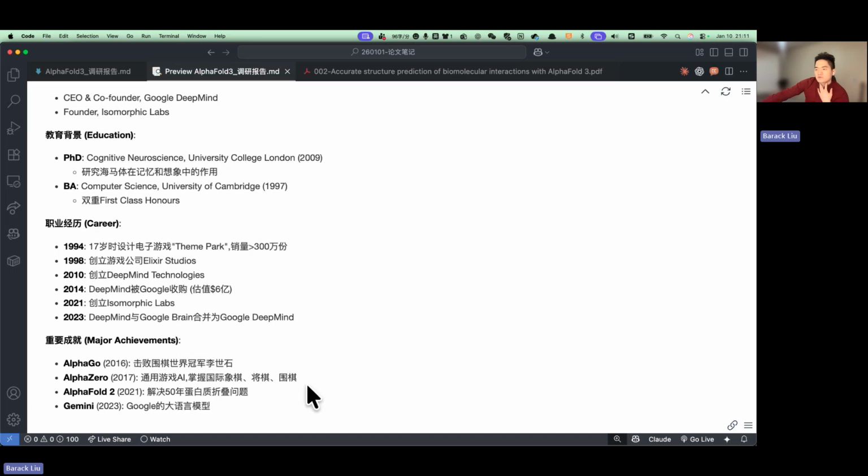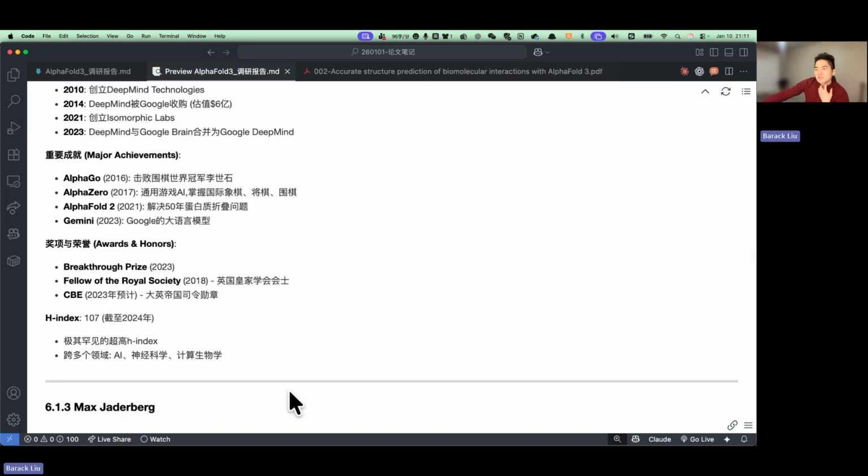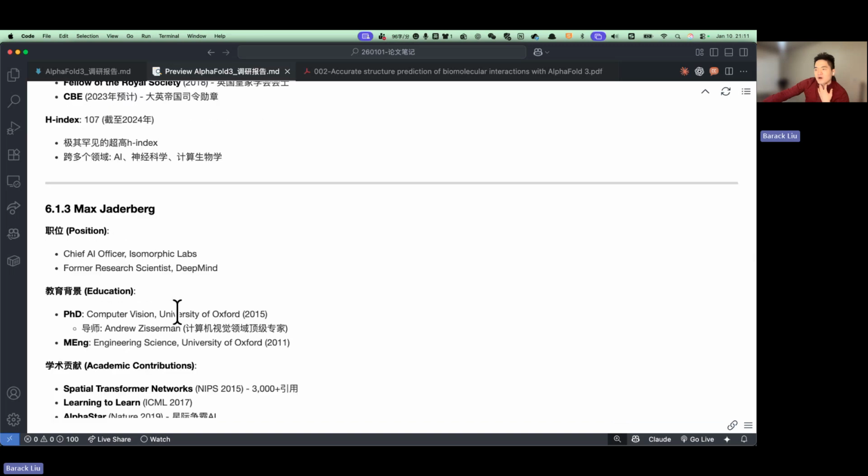AlphaGo, AlphaZero, AlphaFold 2, Gemini. That's insane. H-index is 107. That's horrible.